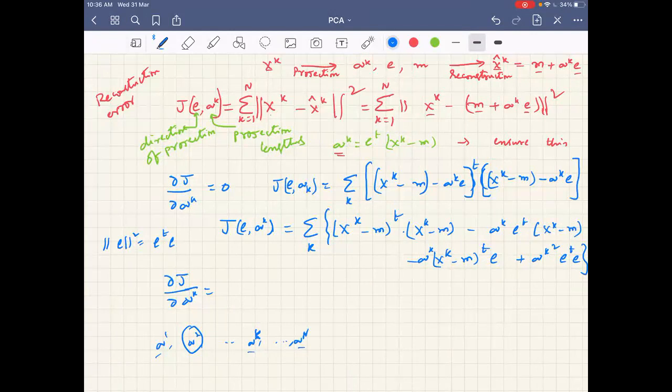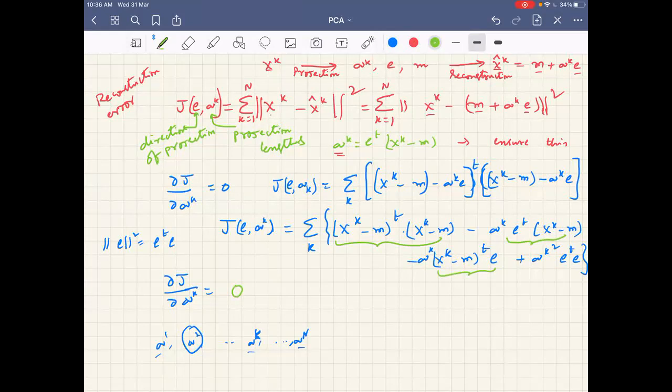Now the first term. Should I consider the first term when I differentiate? It will be 0, because the first term is independent of AK. What about the second and third terms?